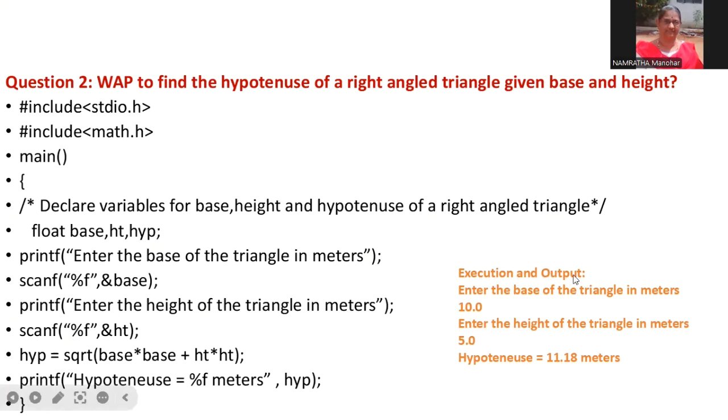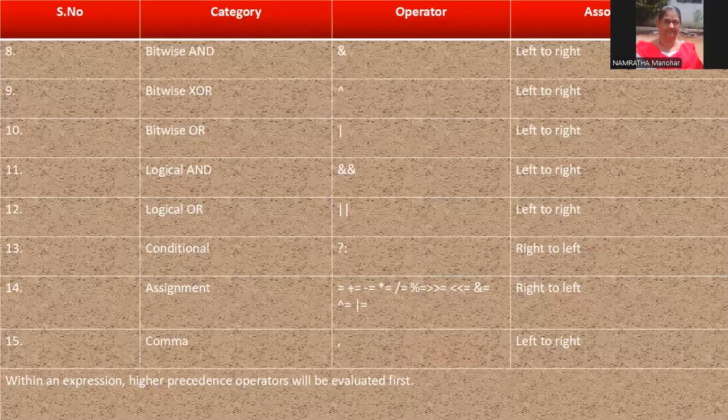So here is the execution output. Enter the base, I am entering 10, enter the height, I am entering 5, and it calculates the hypotenuse 11.18. In fact, we should get more decimal places. Sorry, I missed that. 11.180000 we have to print because I have taken float here.